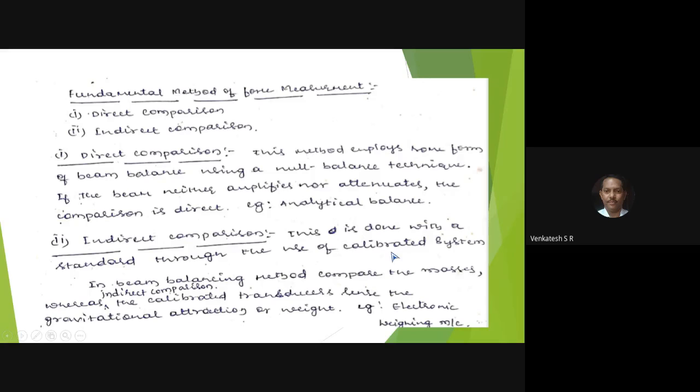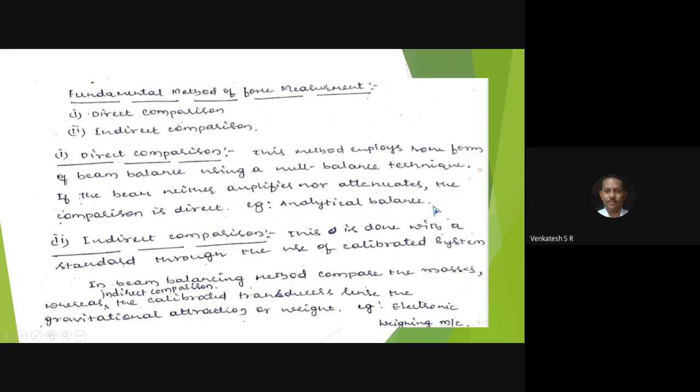You may have a question in the competitive examination: what is null balance? In the case of a beam balance measuring instrument, a good example is the analytical balance. That is used in the chemistry laboratory and other laboratories. You already used an analytical balance.